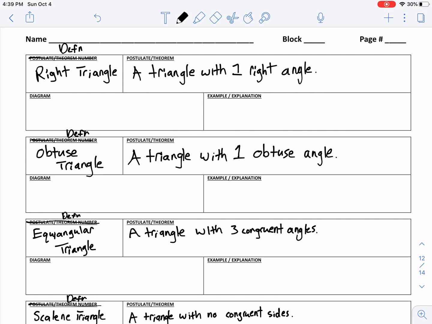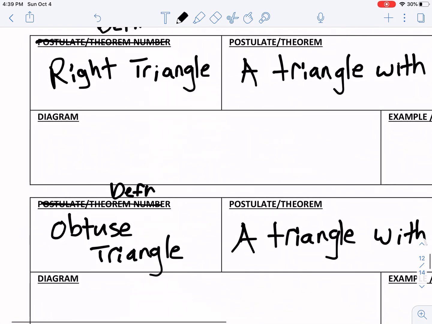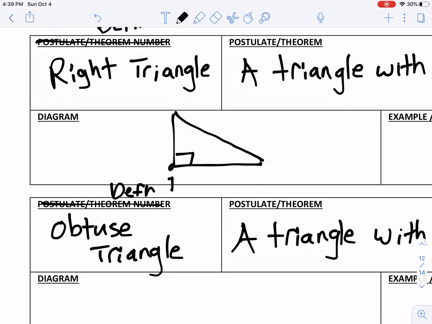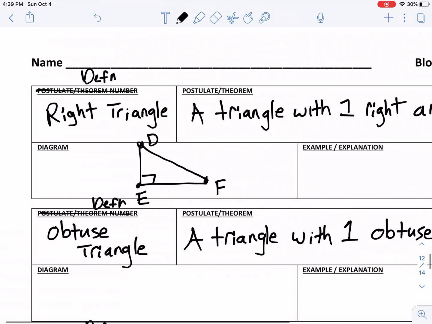So one of the angles has to be 90 degrees. We just need this one angle to be 90 degrees, and then we'd have a right triangle. So we could call this E, this D, and this F. So the triangle DEF here, that would be a right triangle.